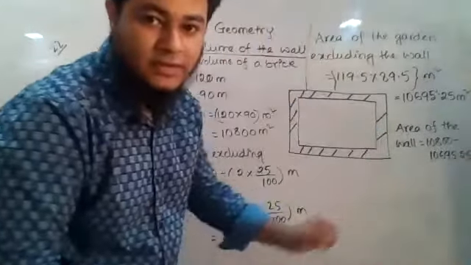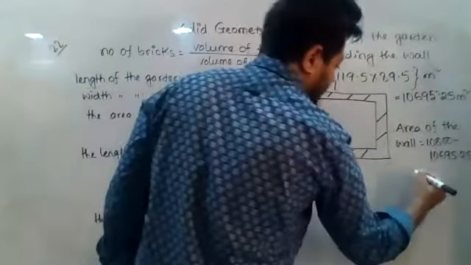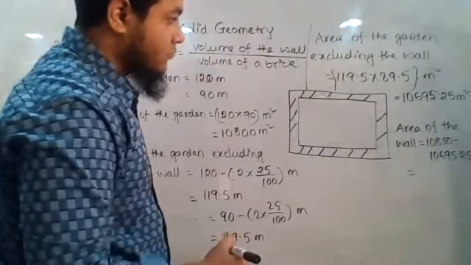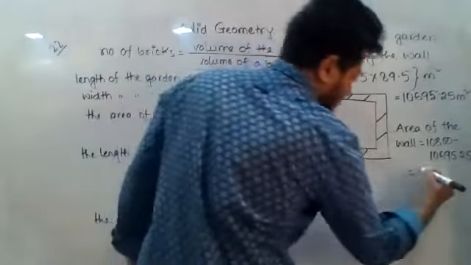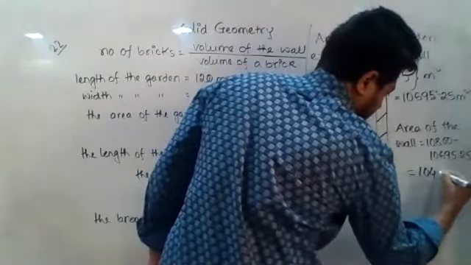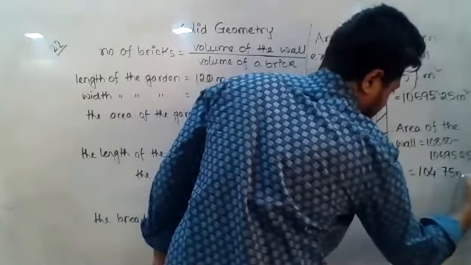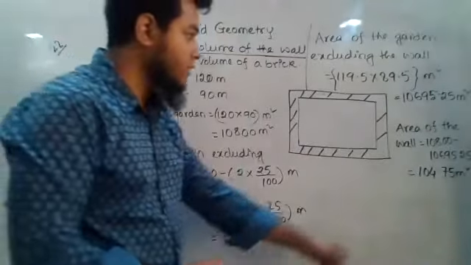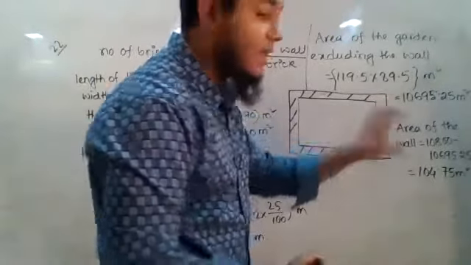If I subtract it, what will be the answer? 104.75. Kindly subtract and check. Yes, sir. Okay, so 104.75 is the area of the wall.